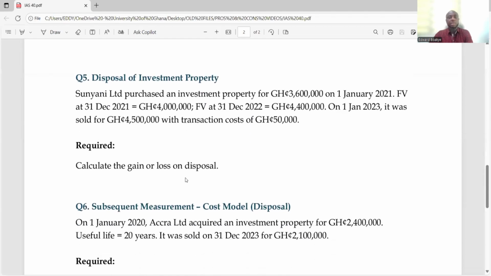So scenario number 5 is about disposal of investment property. Now, when we talk about disposal of investment property, like I mentioned in our earlier video on IAS 40, for disposal, we do not have any complexities as in IAS 16, where if you have revalued it before and there's any revaluation gain on it at OCI, you will need to now transfer to retained earnings.